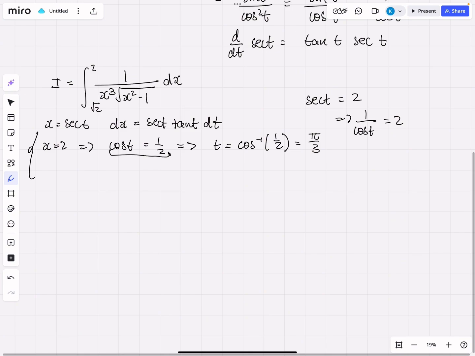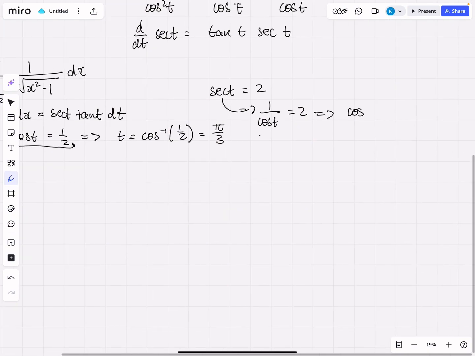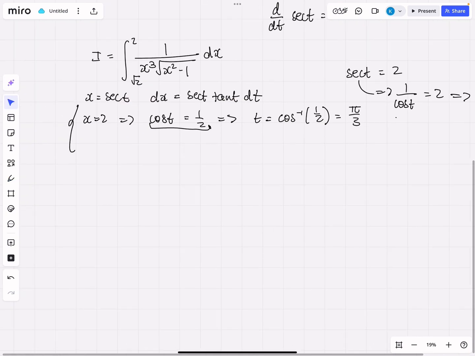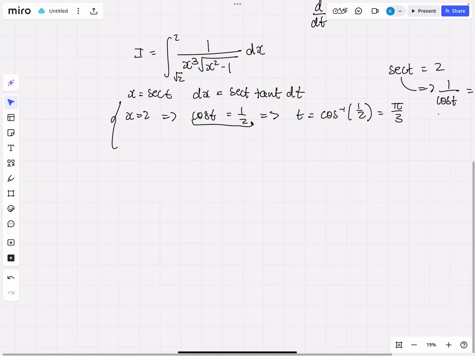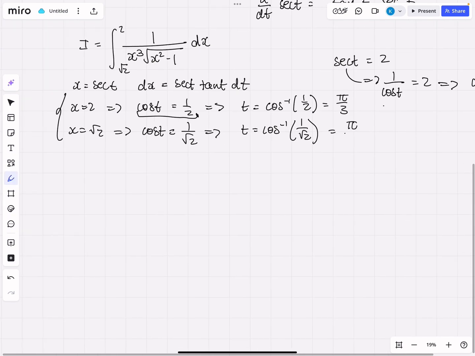That's what this implies, and then that implies cos t equals 1/2. I'm going to do the same thing for when x equals the square root of 2. That implies cos t is equal to 1 over the square root of 2, which implies that t equals cos inverse of 1 over root 2, which is pi over 4.